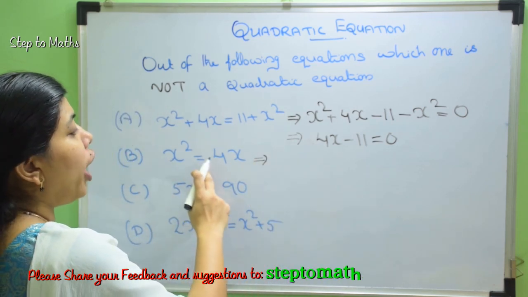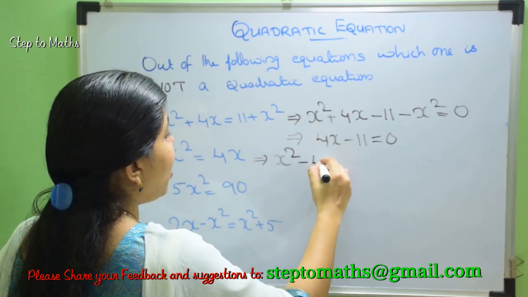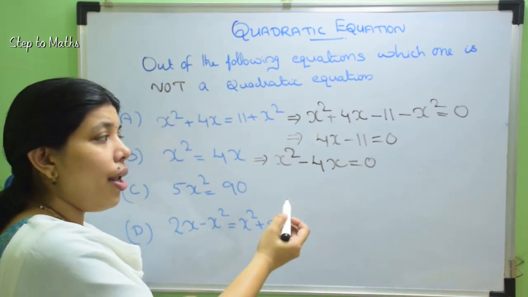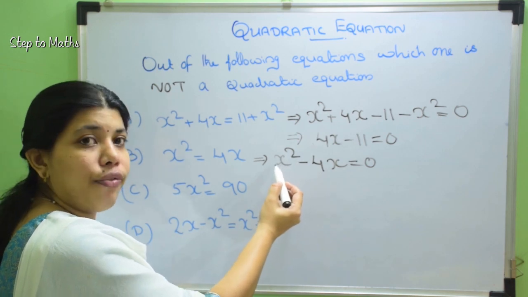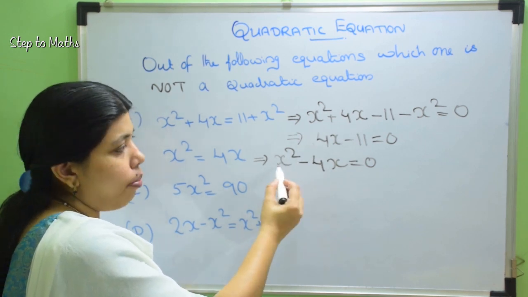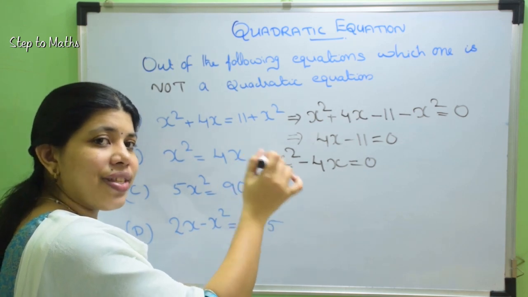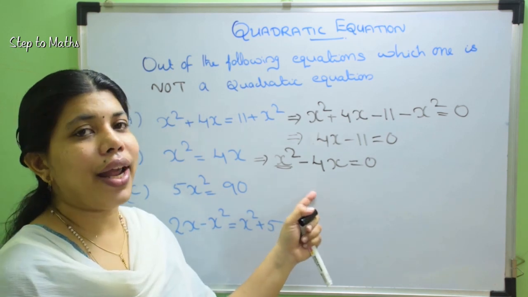x square equal to 4x, or we can write it as x square minus 4x is equal to 0. Here the highest power of the variable x is 2 and its coefficient is not equal to 0. That means the term x square exists in this equation. So this is a quadratic equation.